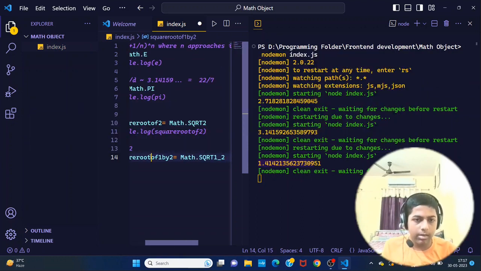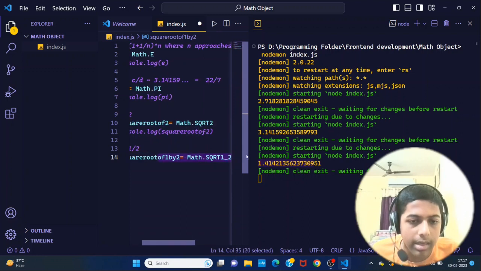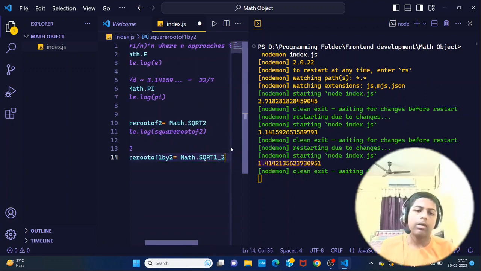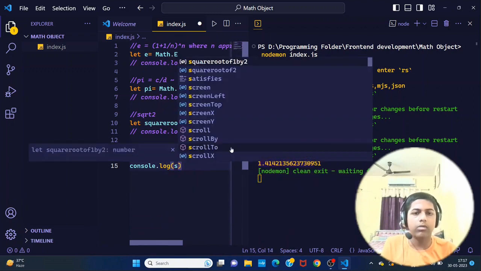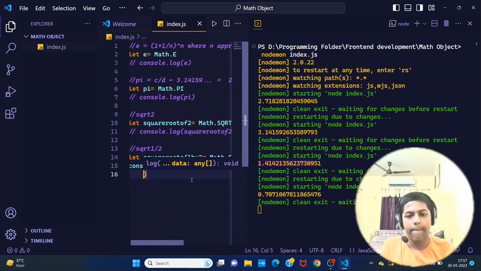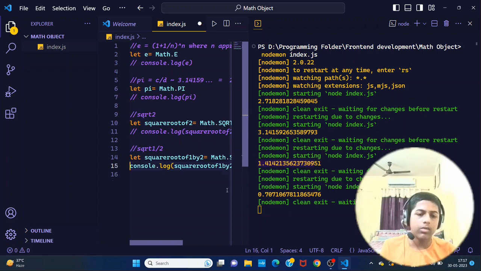I know that's not the correct way of naming variables, but you can use camel case if you want. Right now I'm just doing it like that. And console.log square root of 1 by 2 gives 0.7071067811865476. So that's the square root of 1 over 2.